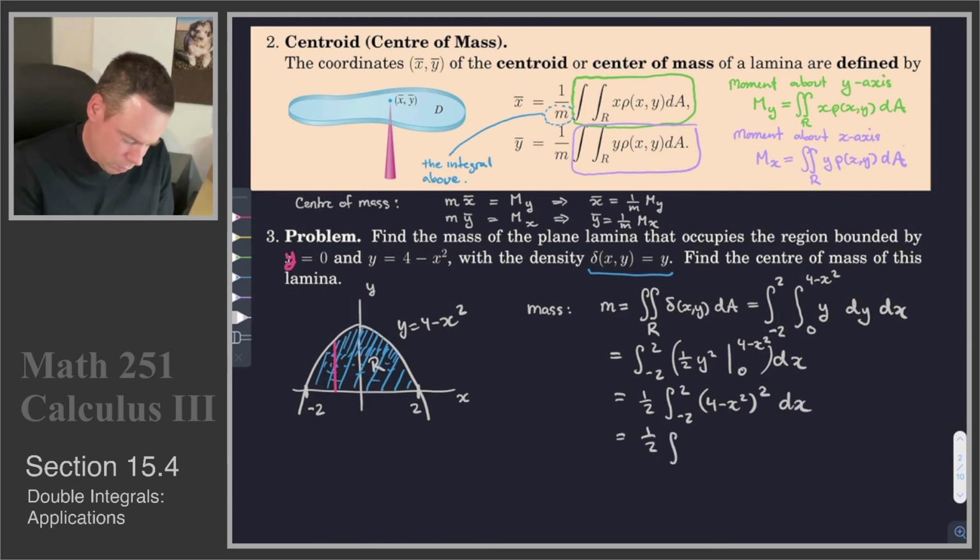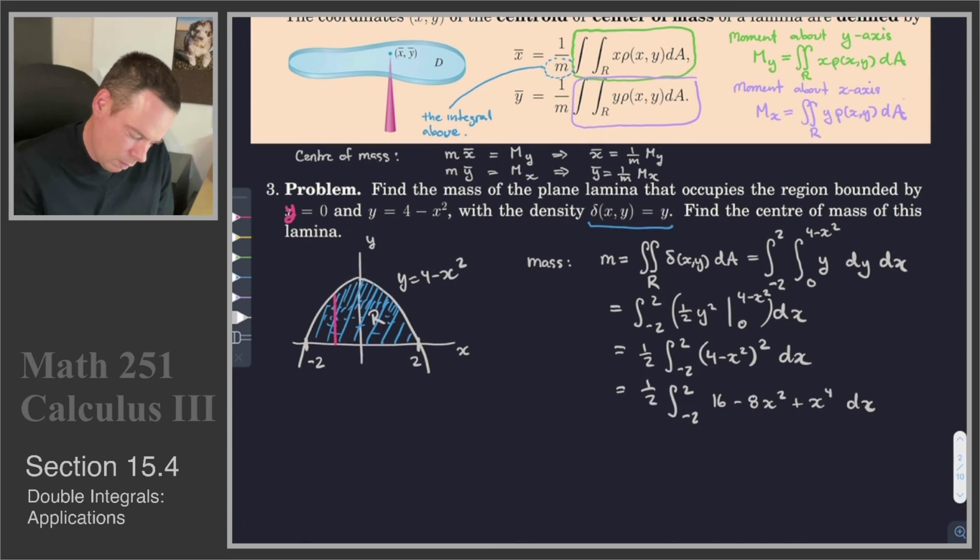So these are polynomials, so not so bad. We just need to expand them out. So this would be 16 minus 8x squared plus x to the 4th dx. And actually, it might be worthwhile stopping here and just noticing that we are integrating an even function over a symmetric interval.